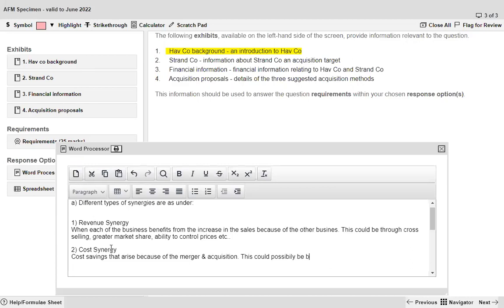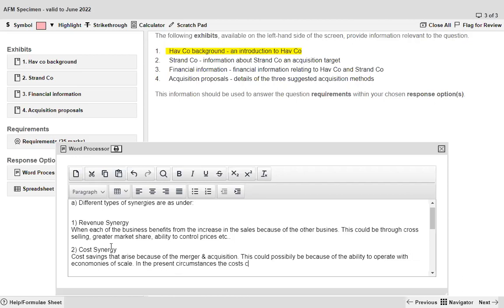This could possibly be because of the ability to operate with economies of scale in the present circumstances.